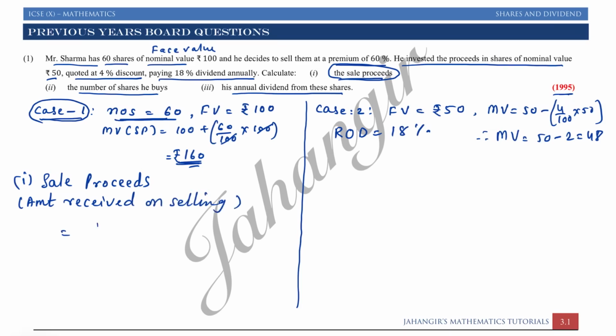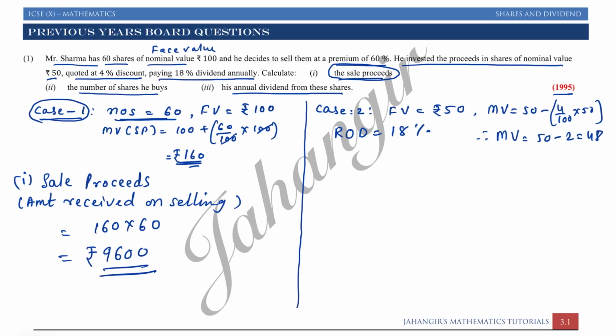So that is 160 into 60. 16 into 6 is 96. So 9,600 rupees he is receiving when he sells the shares of the first company, that is case 1.